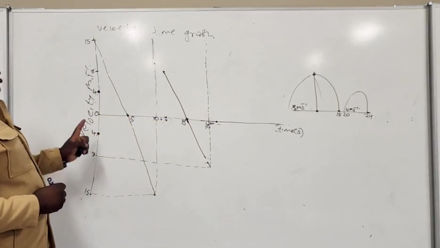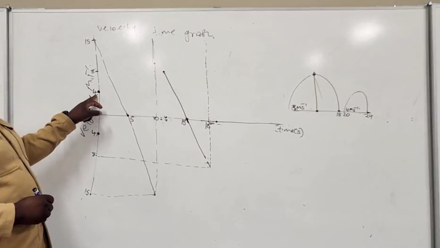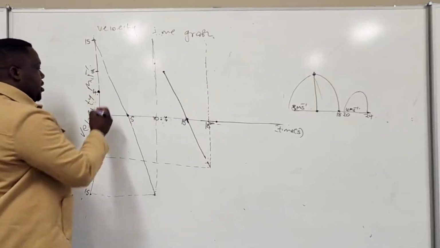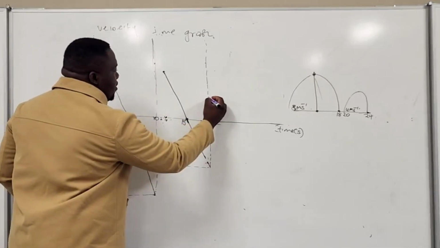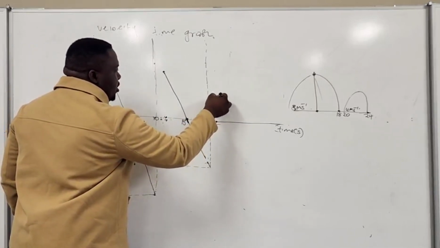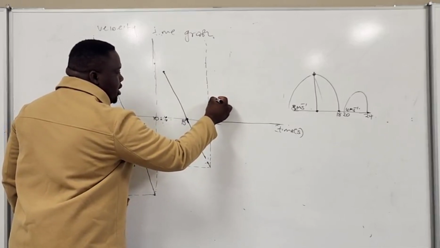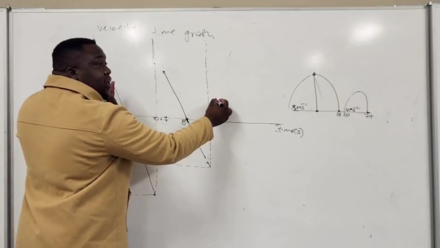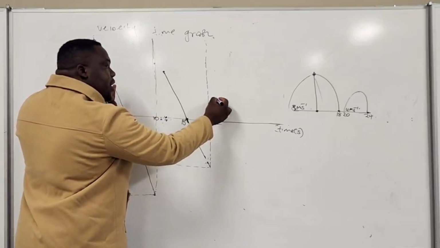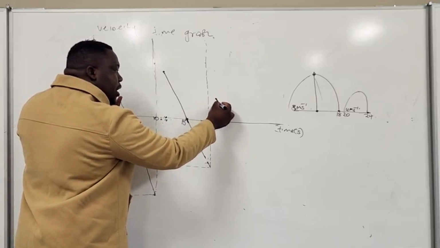Then the ball bounced back up and it was moving at 4 meters per second, meaning that I'm going to have my 4. It means it is going to start here. Then it went up. When it was going up, you know that as the ball is moving up, the velocity slowly becomes 0.